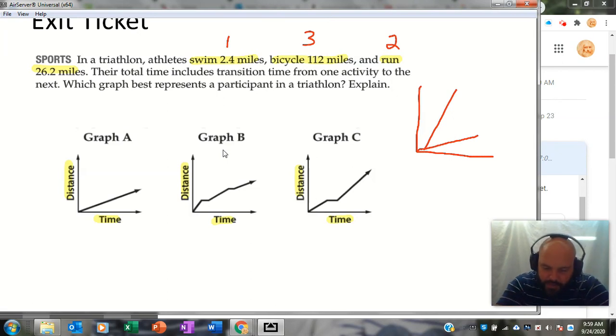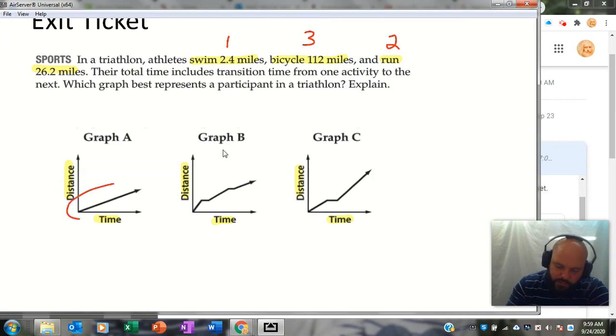Looking at these graphs then, if we swam first, the graph should be the least steep at the beginning. And then when we bicycle, it should be the steepest. And then lastly, when we run, it should be somewhere in between swimming and bicycling as far as how fast the graph is going up.